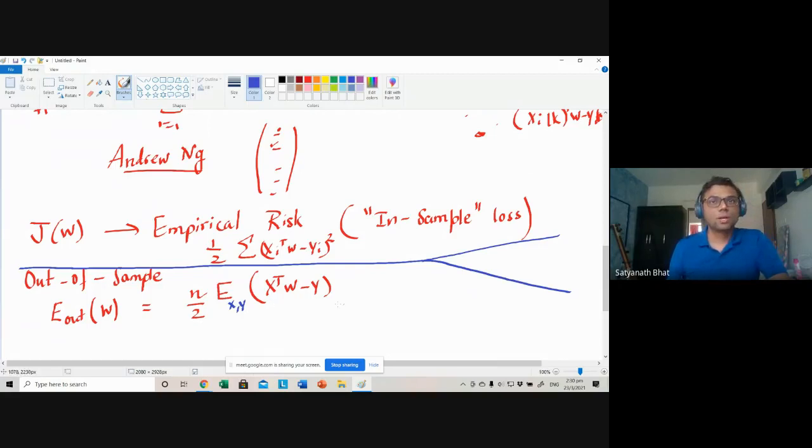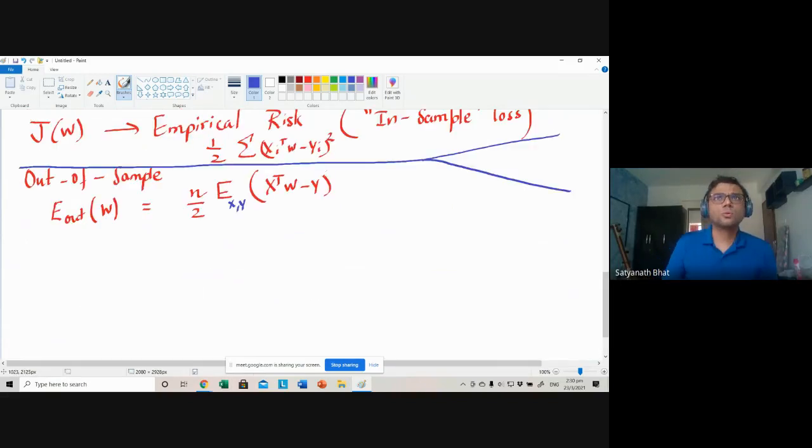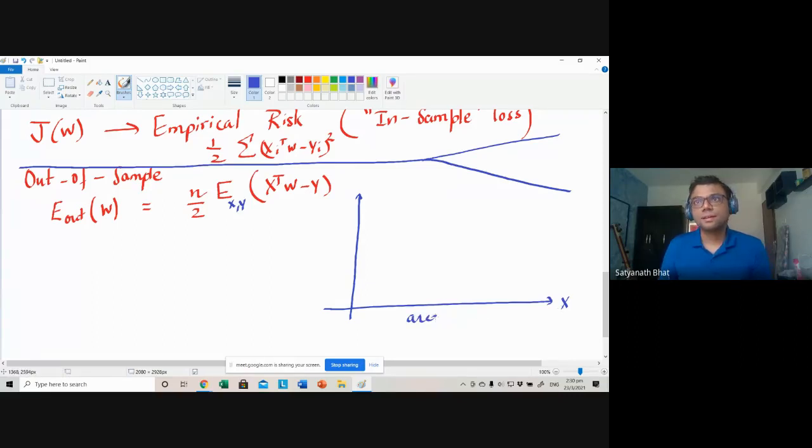Let us try to understand this. Let us look at the house market. Let us say X is the area in square feet, and let us say Y is the price.